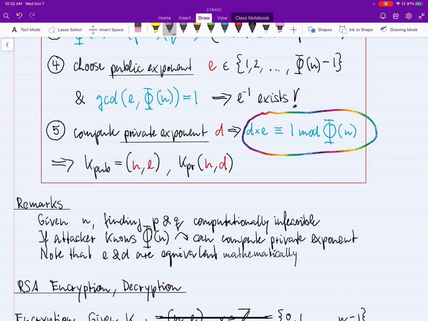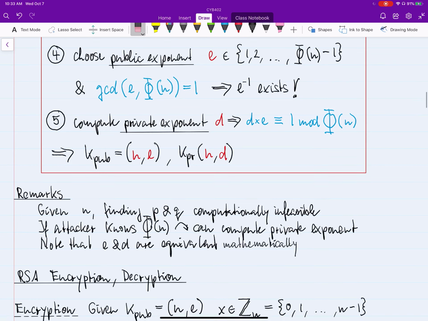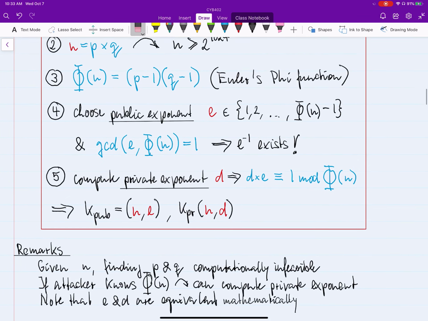And if phi of n is known and e is known, because it's part of the public key, then d can be computed with no problem at all. So phi of n must not be known.